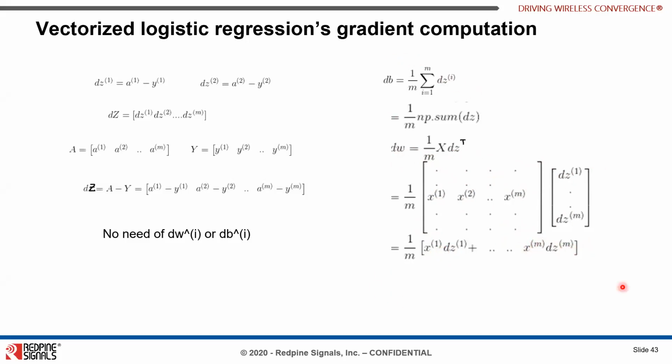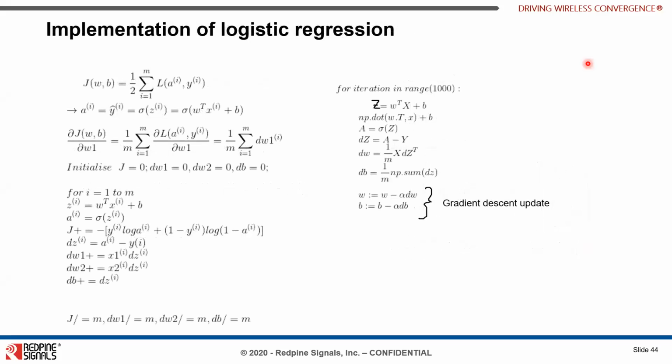So this is nothing but a recapitulation of the things we have already discussed, but this is the vectorized representation of the gradient computation. Finally, what we get is the same thing, no difference, the vectorized representation of logistic regression for m training samples.